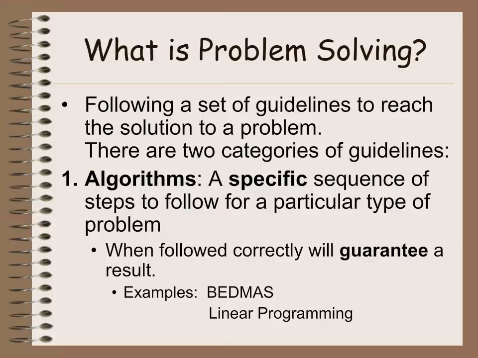So for example, BEDMAS, when doing a math problem, if you follow the steps according to brackets, exponents, division, multiplication, addition, and subtraction, you're always going to get the correct mathematical answer. In the programming world, that would be the similar idea as doing linear programming, or in other words, programming one line of code, one after the other, until you reach the end of the program.